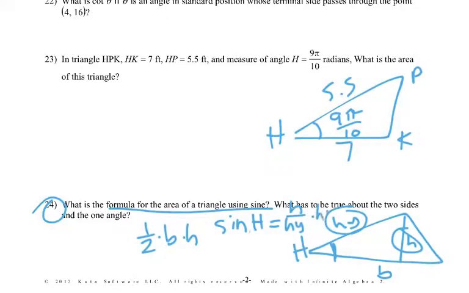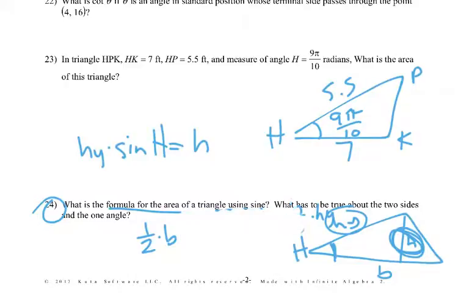Well, what if I multiply by the hypotenuse? Then we end up with the hypotenuse times the sine of angle H equals that side, h. Okay? So, that side h, in the formula, I replace, and we're going to call it A instead. A times the sine of angle H. Okay, if we called that A.